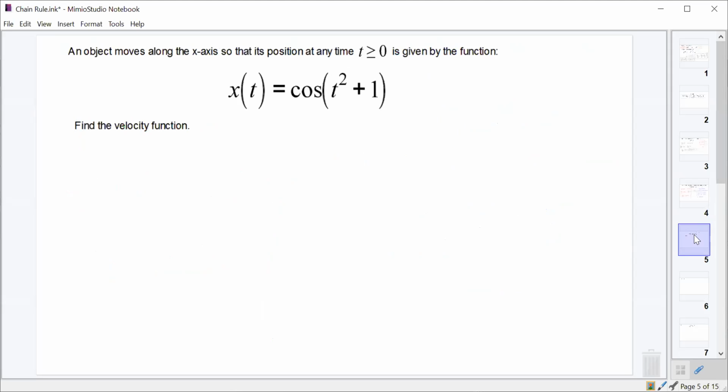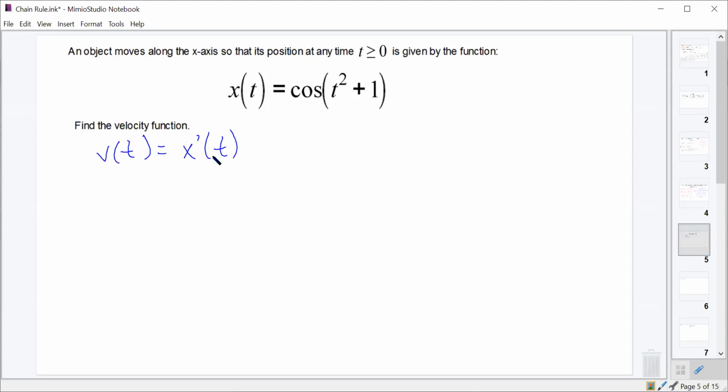So I'm given a position function. x of t is cosine of t squared plus 1. I want to find the velocity function. So what's the relationship between a position function and a velocity function? The velocity function is the derivative of the position function. Perfect. So v of t is x prime of t.